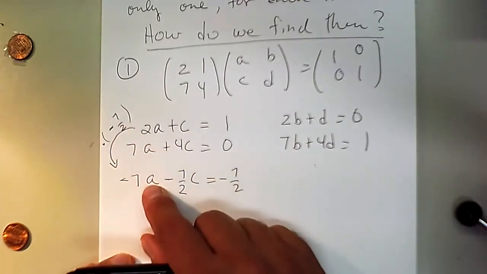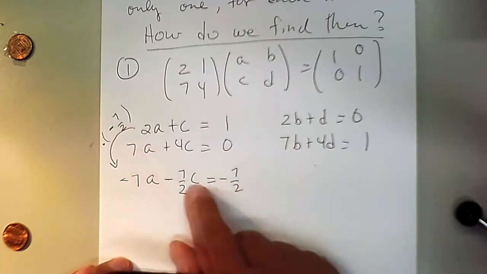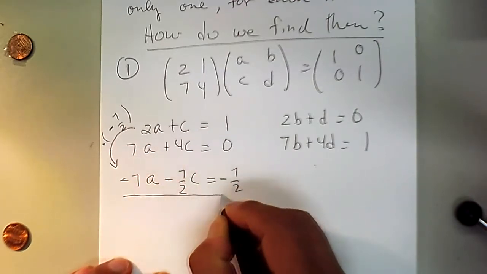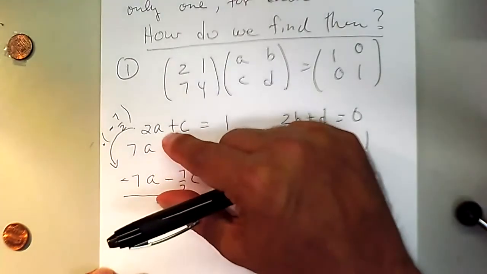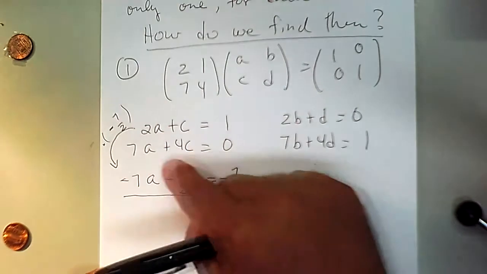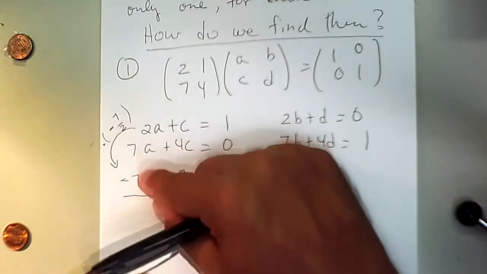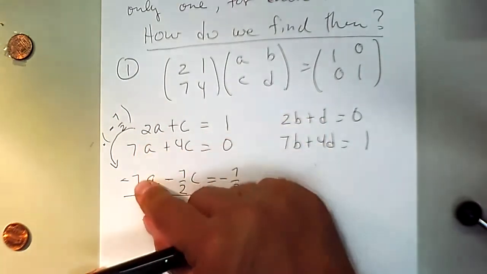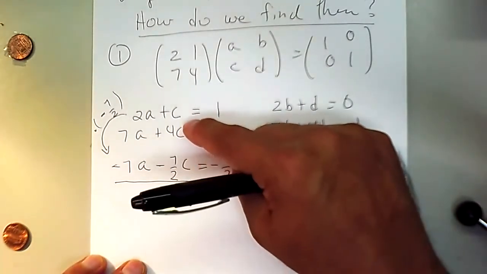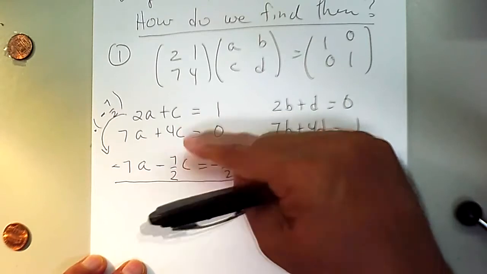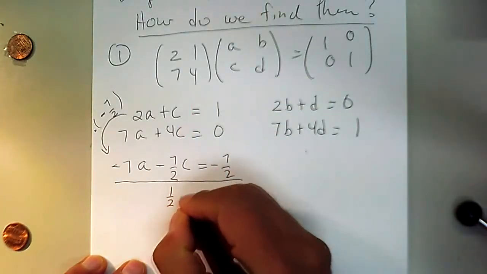And what we gain by that, which seems rather complicated, is that then we can add the 2 equations together. This already has a negative, and we end up with, well, we can add those 2 equations. So of course, the a's are going to cancel out. This is 8/2 minus 7/2. Well, that is half of a c.